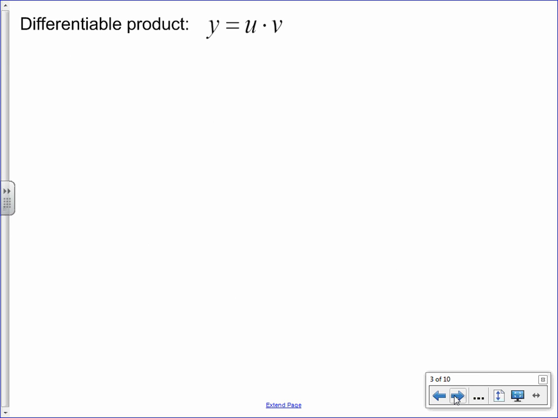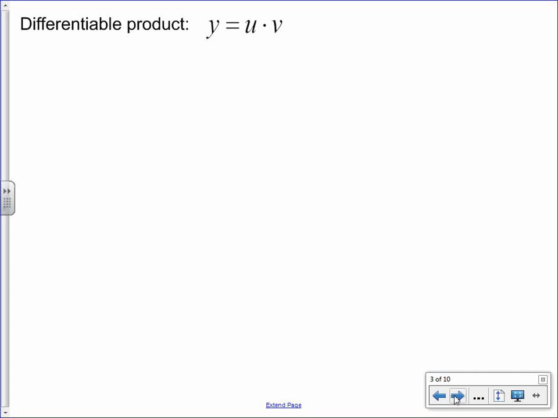So first of all, we're going to discover the rule for integration by parts. I have a product here, y equals u times v. I want to take the derivative of this with respect to x.